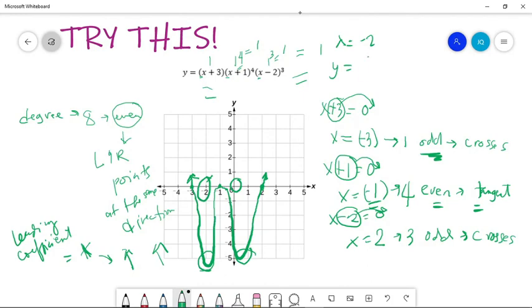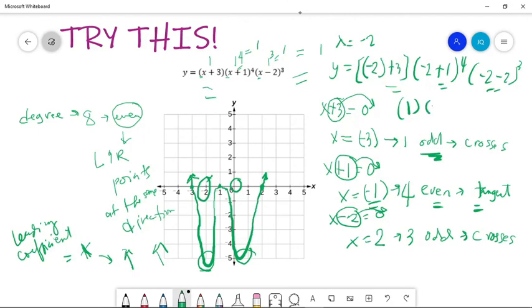So y is equal to negative 2 plus 3 times negative 2 plus 1 to the power of 4 times negative 2 minus 2 to the power of 3. Then just simplify. Negative 2 plus 3, that's positive 1, times negative 2 plus 1, that's negative 1 to the power of 4. Then negative 2 minus 2, that's negative 4 to the power of 3.